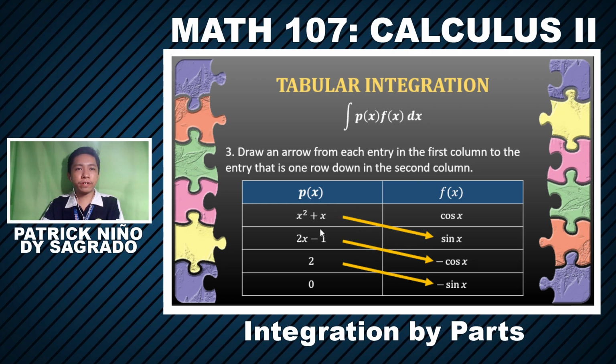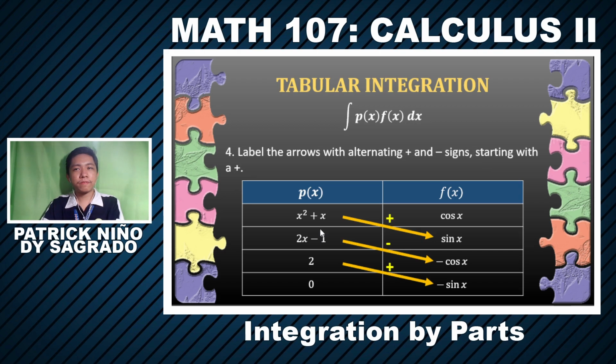So what do we do here? For the next step, label the arrows with alternating positive and negative signs, starting with a positive sign. So x squared minus x multiplied by positive sine x, then 2x minus 1 multiplied by negative cosine x, and 2 multiplied by positive negative sine x.